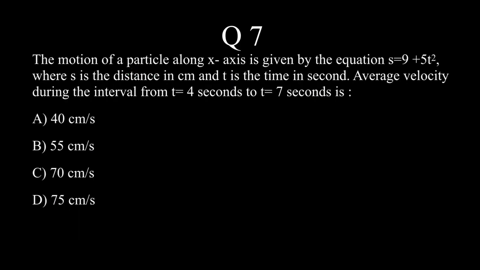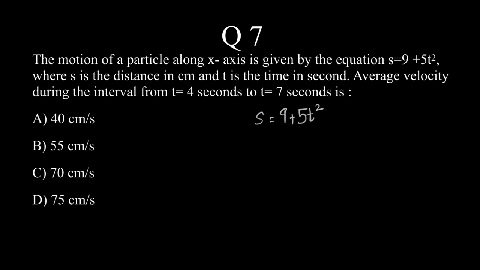The motion of a particle along the x-axis is given by the equation s equals 9 plus 5t square, where s is the distance in centimeters and t is the time in seconds. Average velocity during the interval from t equals 4 seconds to t equals 7 seconds is. So what is given is the distance-time relationship.